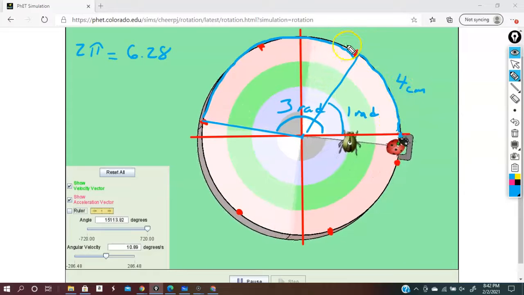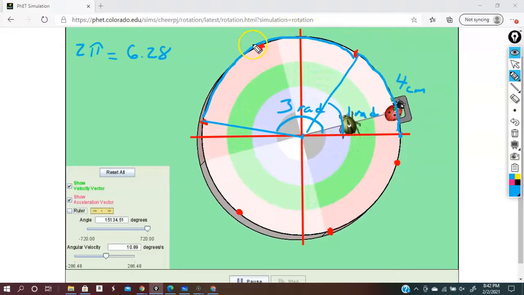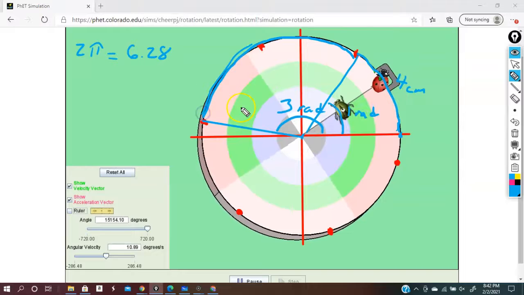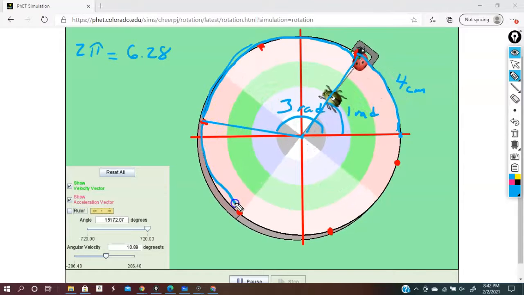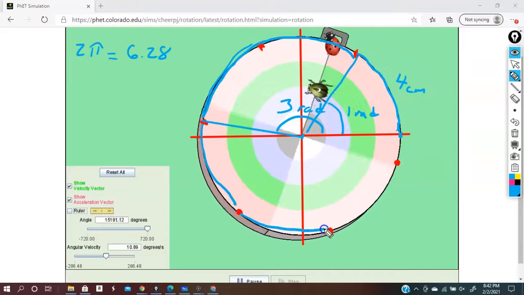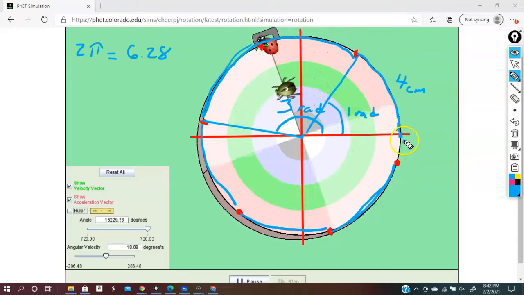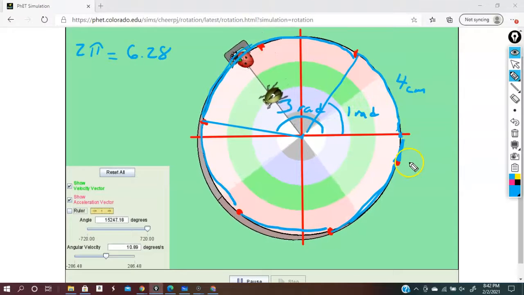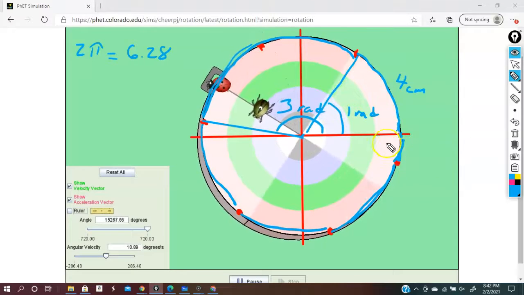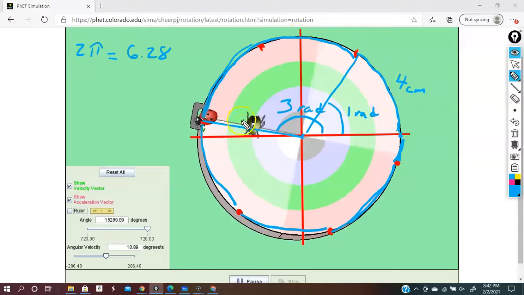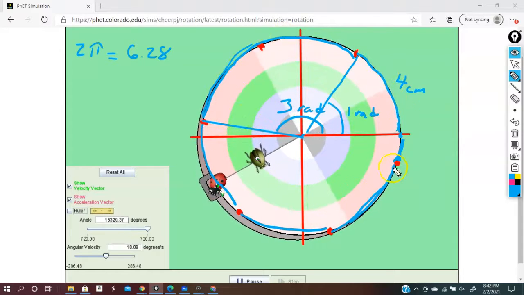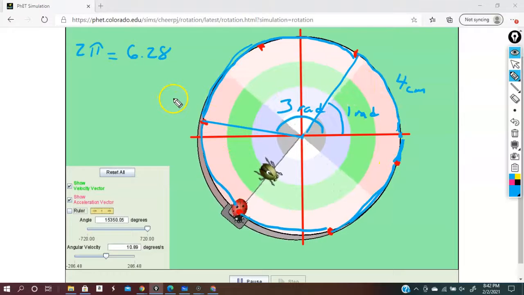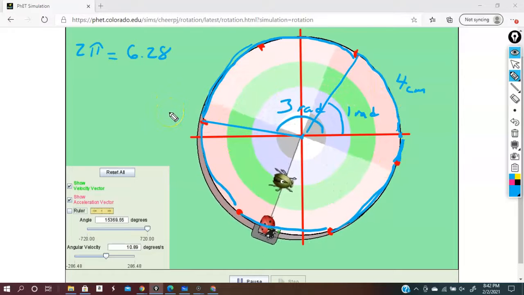Here's 1, 2, 3, okay, all the way to over here, 4, 5, 6, and then just this little bit extra here is the 0.28. And so it really does work out. 2 pi radiuses makes it all the way around the circle, or 6.28 radiuses or radians makes it all the way around the circle.